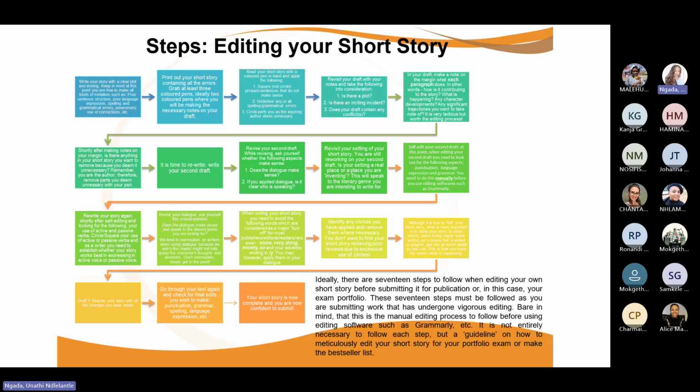Just to briefly contextualize it, ideally in the editing process for publishing purposes, there are 17 steps that you should follow, so that when it lands on the desk of the publisher or the literary agent, it is complete in its form. It looks brand new. It has no errors of that sort. So that is just something that you can go through if you want to explore writing for publishing.